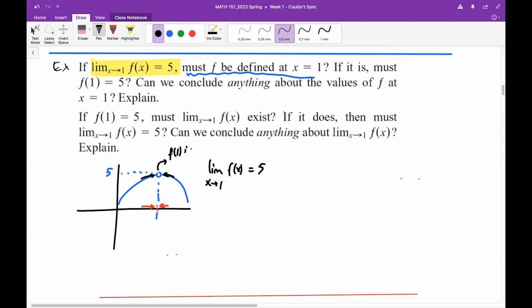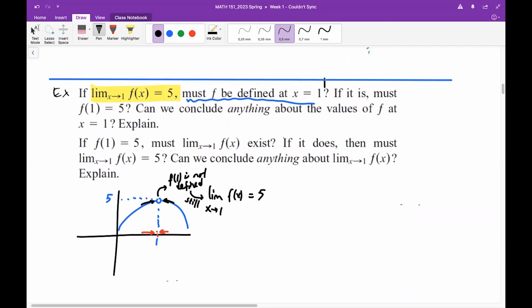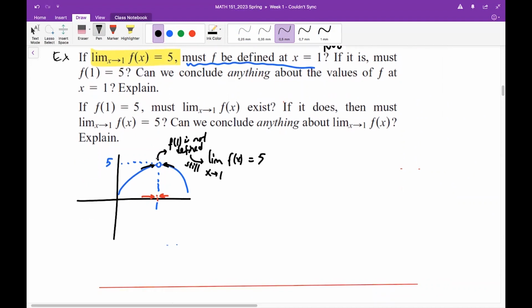No. f of 1 is not defined, but still it has this limit as 5. So the answer to this question is a big no. It doesn't need to be defined to have the limit as x goes to 1 as 5, right? There is no dot here, it's a hole. Our function is not defined here, but still it has a limit.